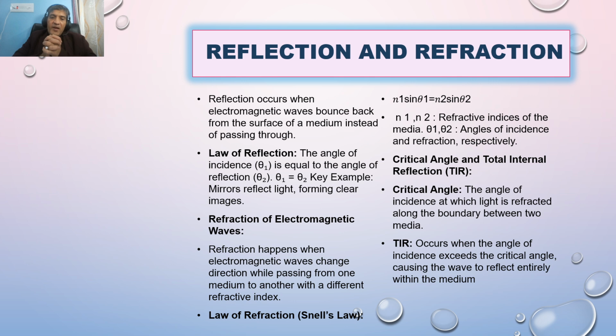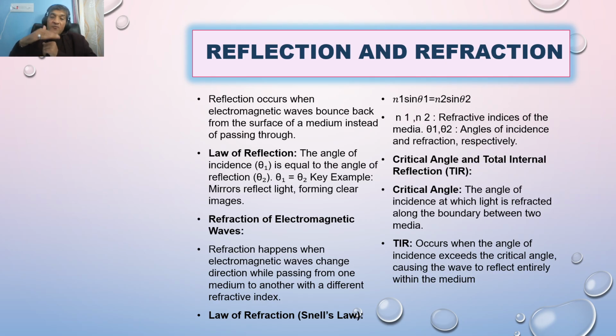Refraction of electromagnetic waves happens when electromagnetic waves change direction while passing from one medium to another with a different refractive index. That is, on one side we have some value and on the other side of the medium we have a different value.